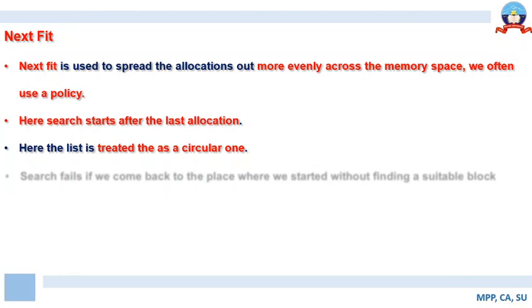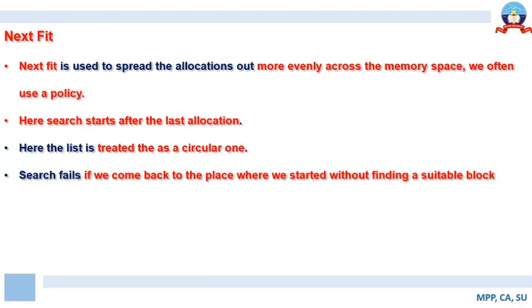If you are not able to determine a block that is large enough to accommodate the process during the circular movement, then we deem the search process to be a failure. Which means that the search process is considered to have failed if we come back to the place where we started without finding a suitable block.